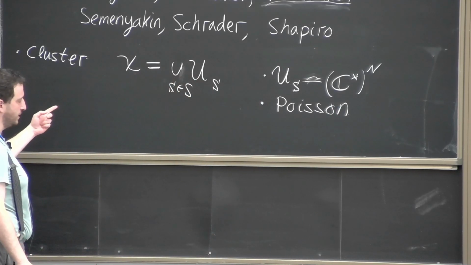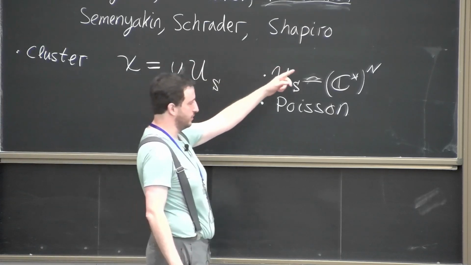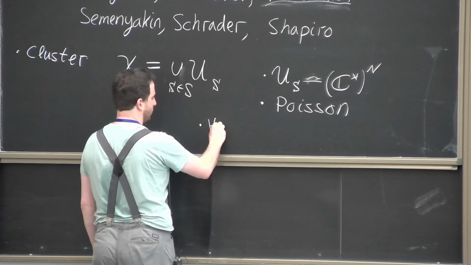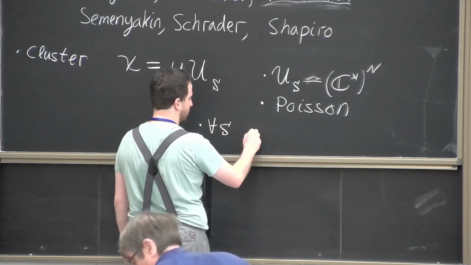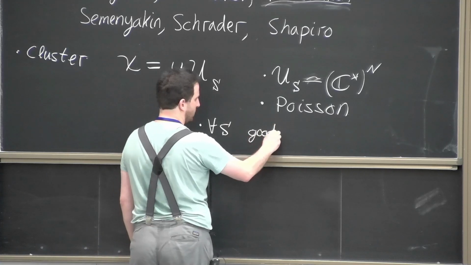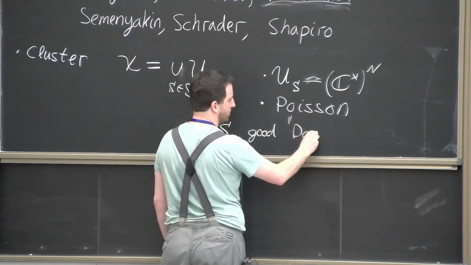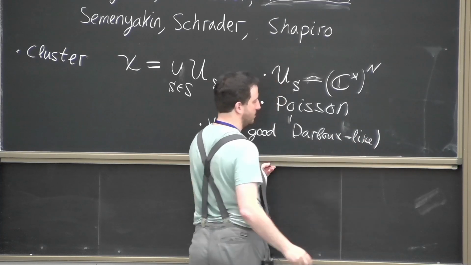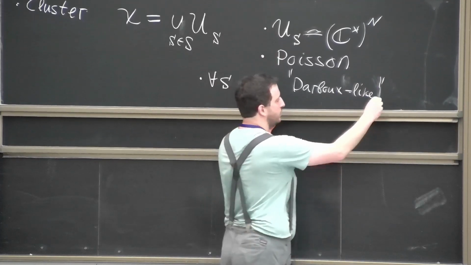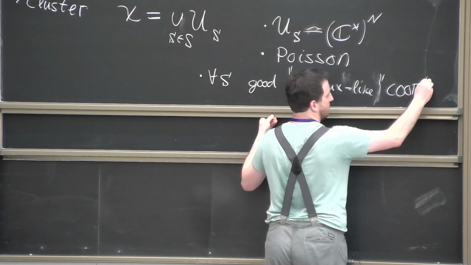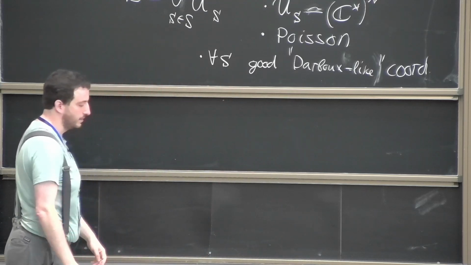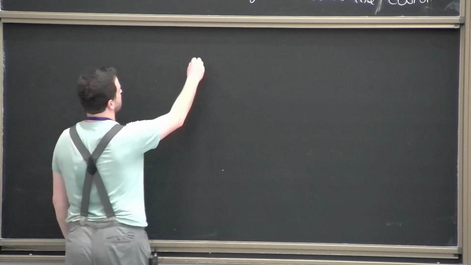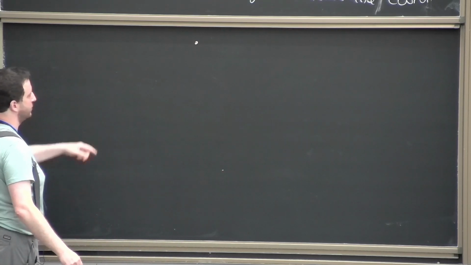The next property is that each chart is not just isomorphic to C star to the power n, but also, for each chart, good, in some sense, Darboux-like coordinates are given. So this is for any chart.